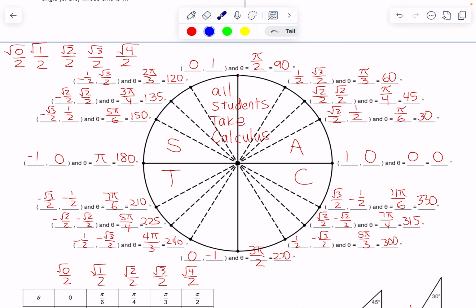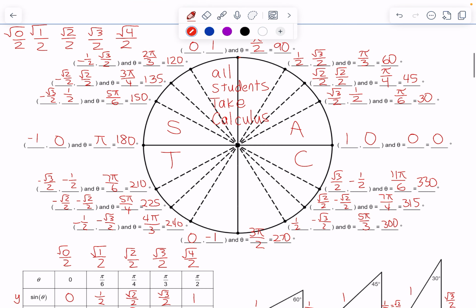Since this is not one full circle, this is no longer 3 pi over 2. In this section only, we now call this negative pi over 2. We're calling this one negative pi over 6, this is negative pi over 4, and this is negative pi over 3.